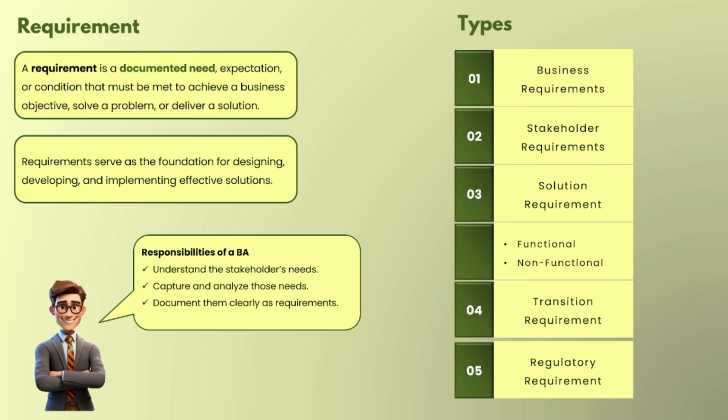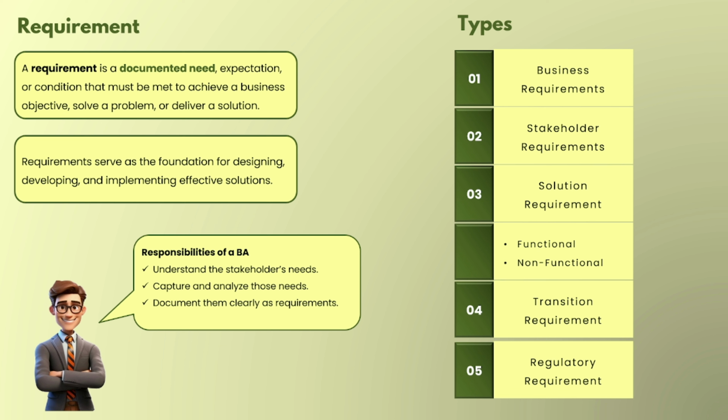What a business analyst does: he or she understands the stakeholder needs, captures and analyzes those needs and documents them clearly as requirements. Means understanding the need, analyzing the need and then documenting that need in the form of requirement is the very first role performed by a business analyst.